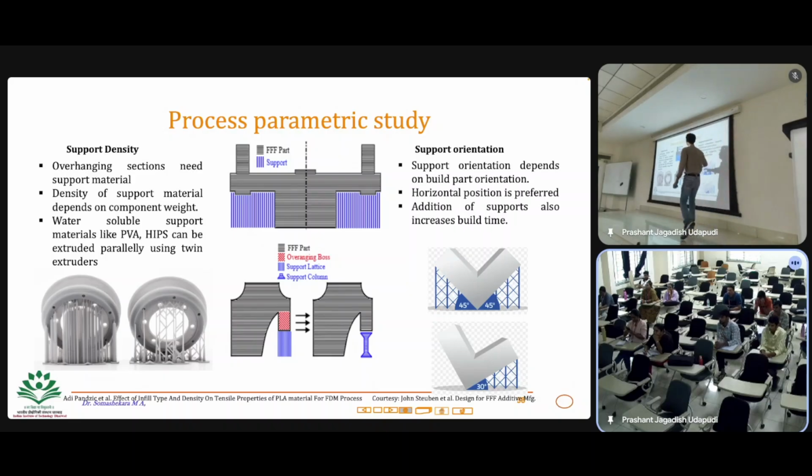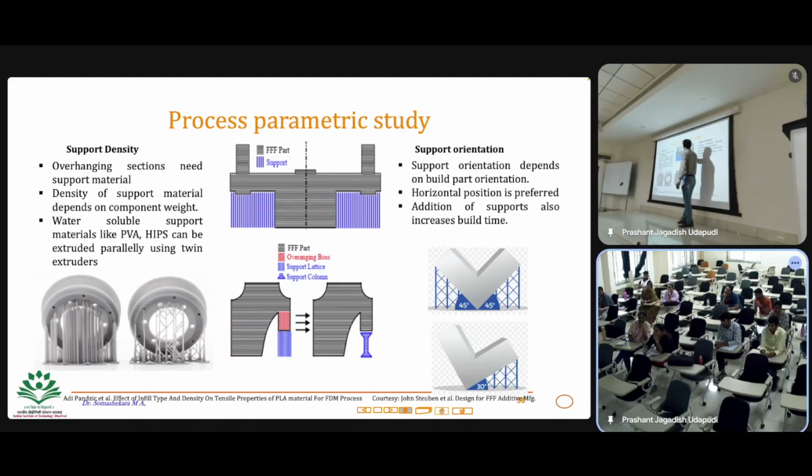Especially this kind of support structure is required. Sorry, for this kind of model material, you need a support structure, without which you cannot print. But of course, you can use the same model material to print the support structure as well.